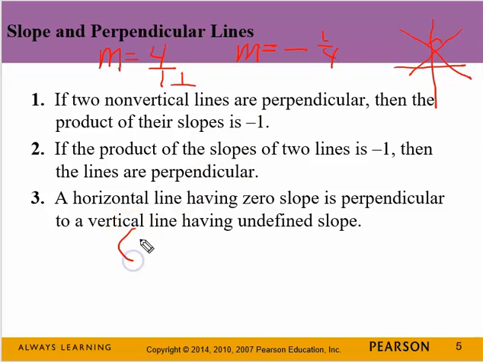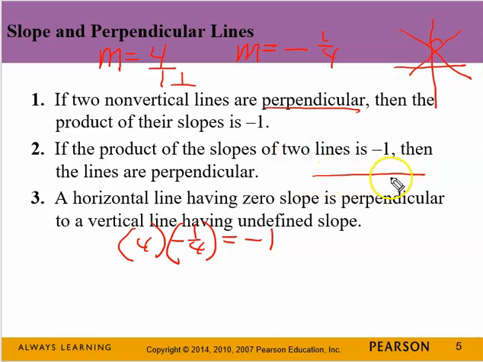So if we multiply 4 times a negative 1 over 4, the product of multiplying the slopes, if you get a negative 1 as a product, those slopes are perpendicular. Okay. Now, for the horizontal line where the slope is 0, the line that would be perpendicular to that would be the undefined slope, the vertical line. That would be perpendicular to the horizontal line.